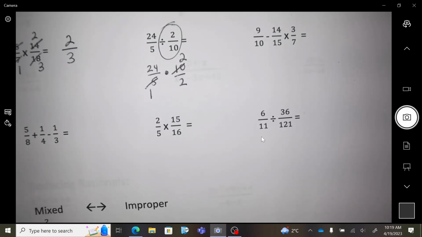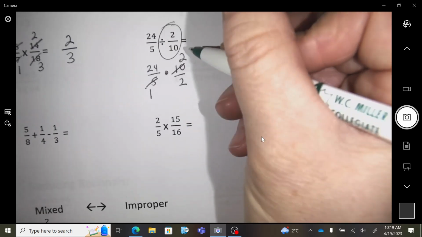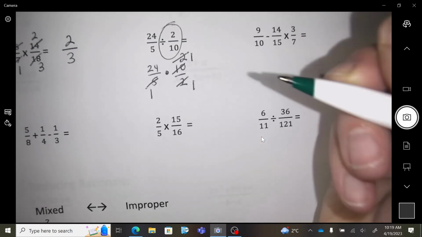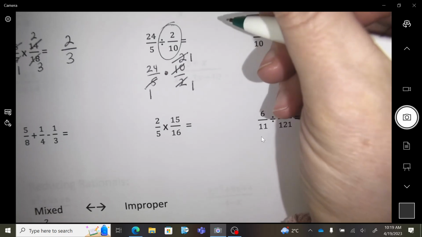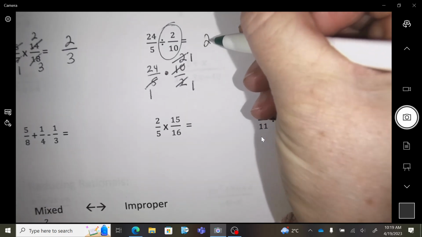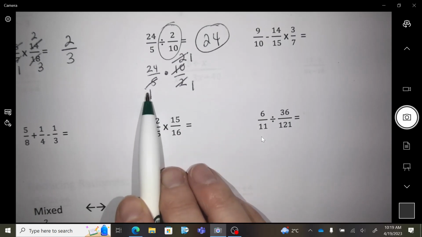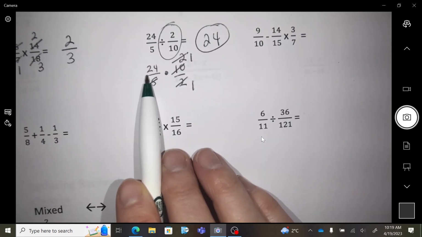Now, what else do I want to divide the top and the bottom both by? 2. So if I do a top 2, this can change to a 1, and this can change to a 1. And I get 24. Whoa, that was crazy. Because I crossed everything off. Everything was a 1 except for that.